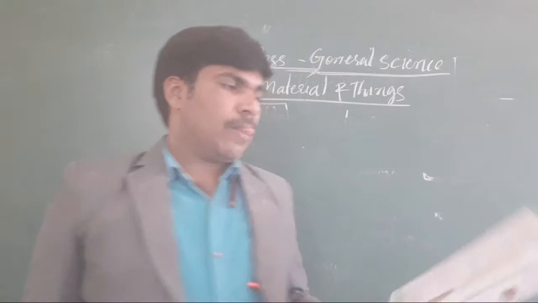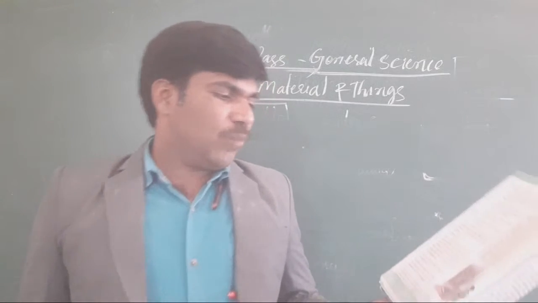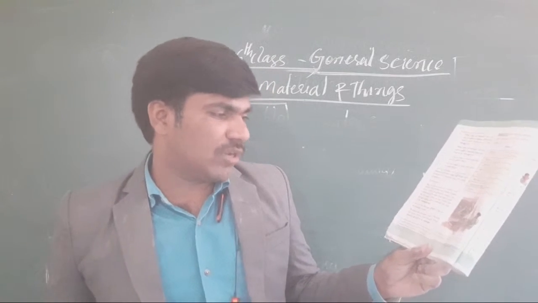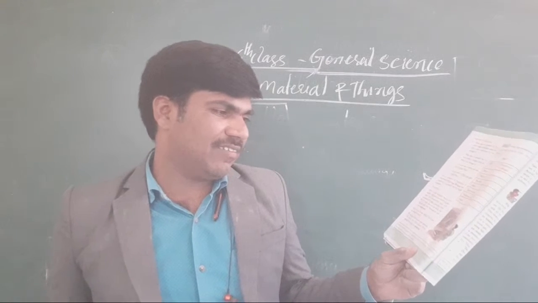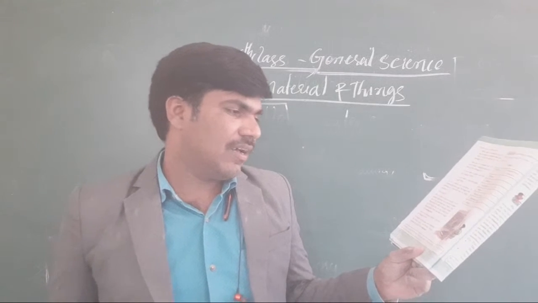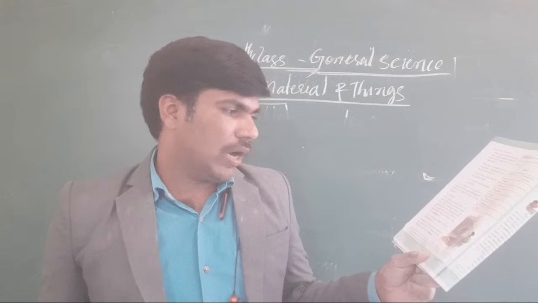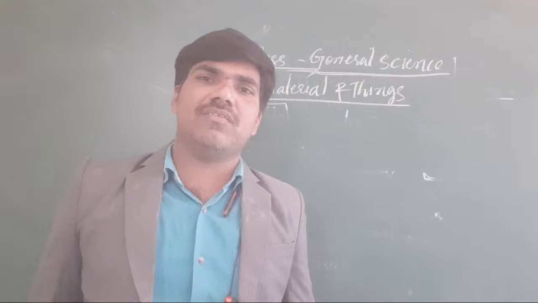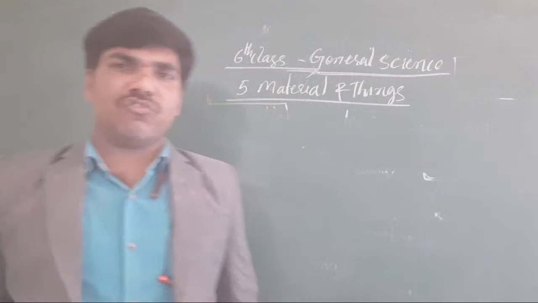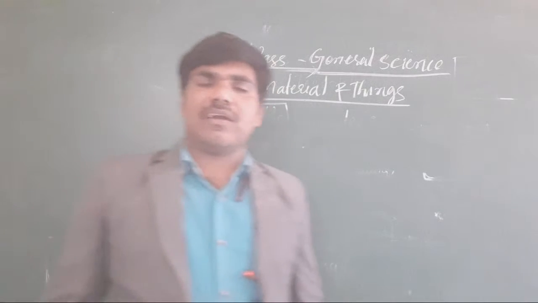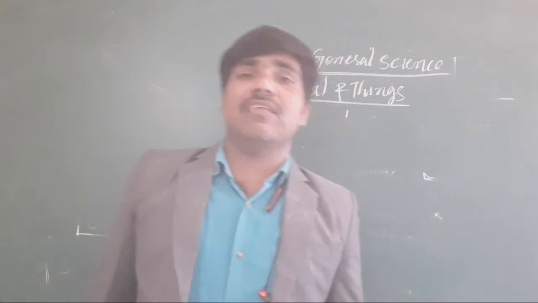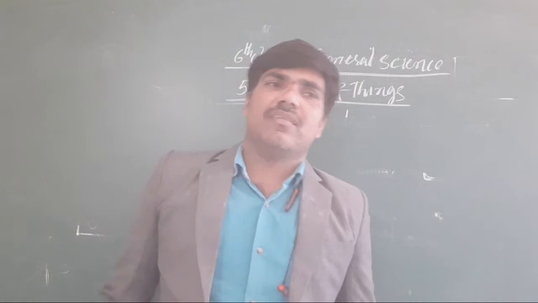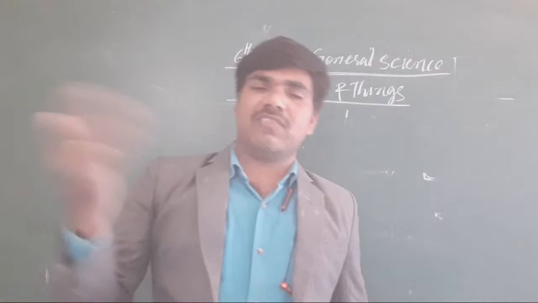Here, objects sink or float because their density is more or less than the densities of whatever media they are floating in. Okay, clear or not, all the students? I hope you understood. We have already discussed this. Depending on the densities of the bodies, the bodies may float or may sink.